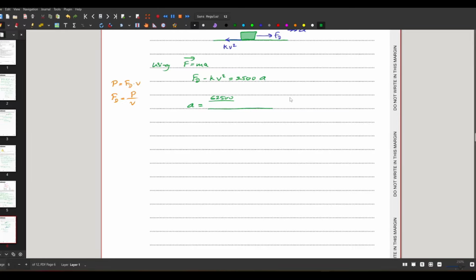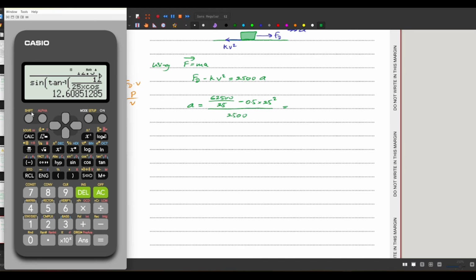62,500 divided by the velocity 25, minus k, which is 0.5 times the velocity 25 squared, and all that divided by 2,500. So when you simplify this one, I will show you quickly how to do that.